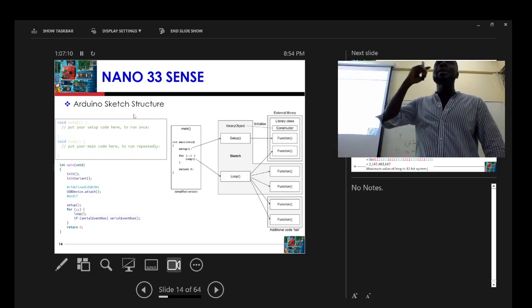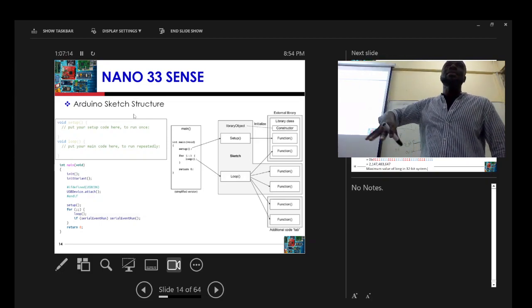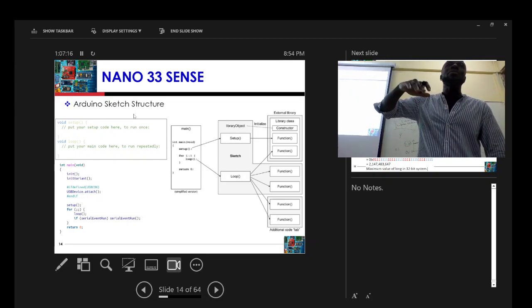I think I showed you how the Arduino code looks like. I said the code in Arduino is called the what?